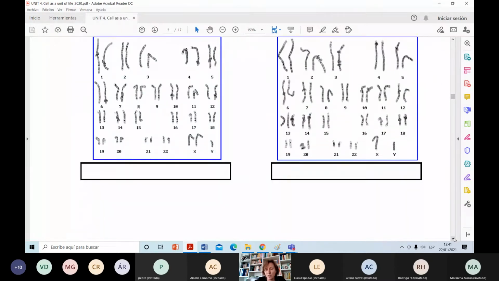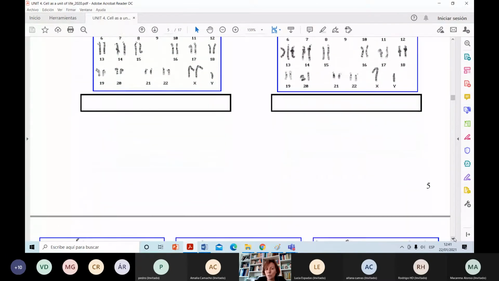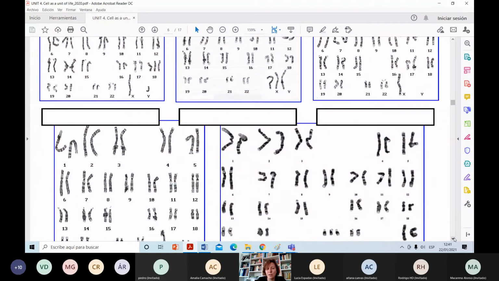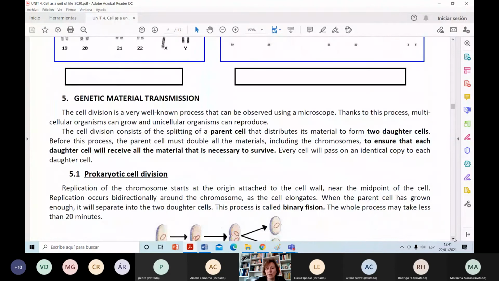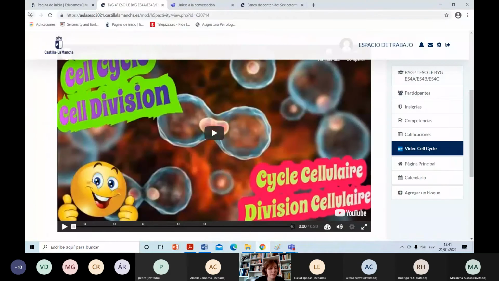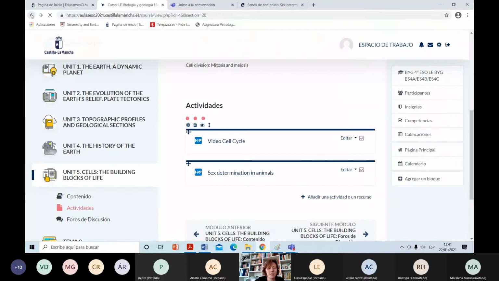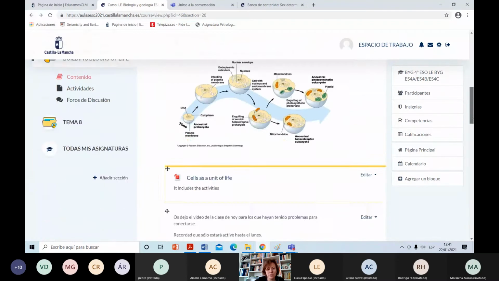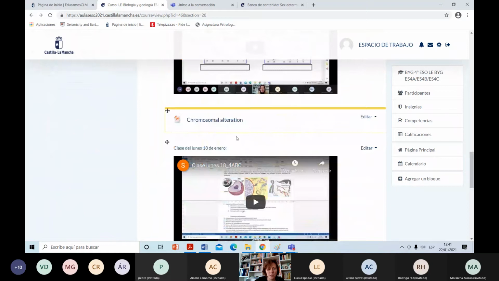in humans. So in order to know what's the chromosome that is not in the right number for each abnormality, you've got to look at this photocopy or this file that you've got in contents, that is this one, chromosomal alteration, which is the PowerPoint presentation that I showed you.